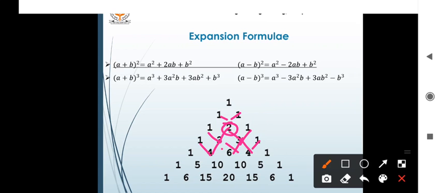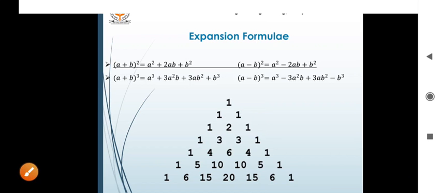So what you have to do is just write 1, 1 on the two sides of this triangle. You will get the middle elements just by adding in this way. This is known as Pascal's triangle, which is very helpful to write the coefficients of the terms using the binomial theorem. So all this is about the expansion formulae.